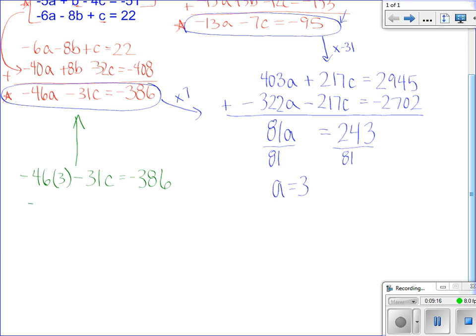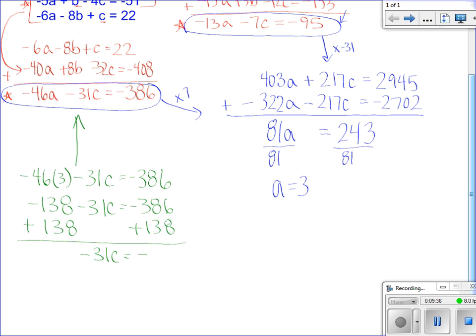Is that negative 138? Simple algebra 1 at this point. What do we get here? When we divide, what do we get?